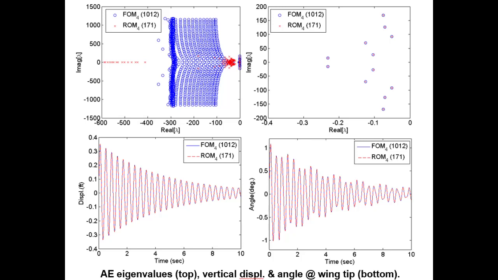There is an excellent match between the eigenvalues of the full order model and the eigenvalues of the parametric reduced order model. The bottom plots are time histories of the vertical deflection and angle at the wingtip given an initial condition. Again, there are excellent matches between full order model and parametric reduced order model.